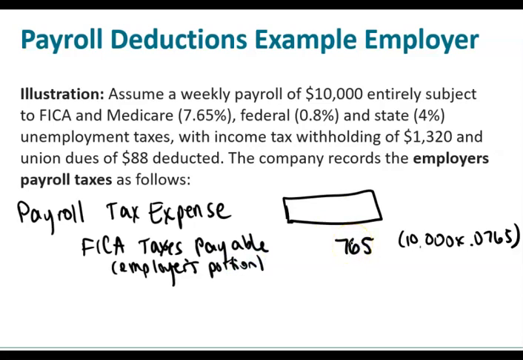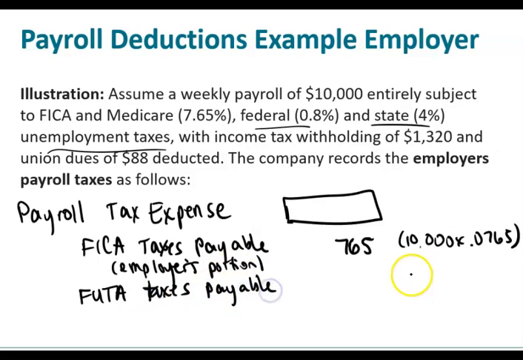And then there are other components of payroll tax expense. It's the employer that's responsible for the federal and state unemployment taxes. So let's record those separately. FUTA taxes payable. Remember, the employee is not responsible for this, only the employer is. So we have the full 10,000 times 0.008. Remember, it's less than 1%, so 0.008, and that will be 80 for the FUTA taxes payable.